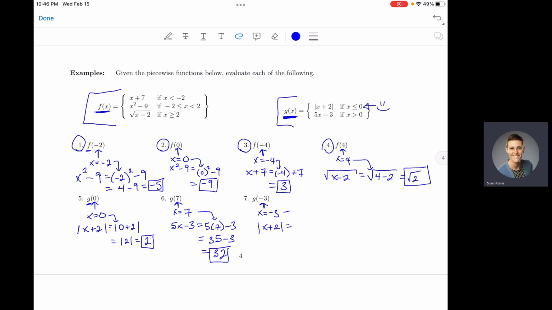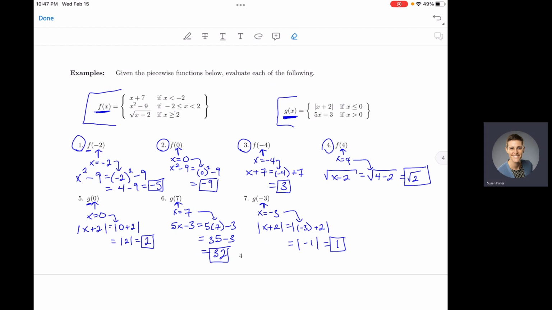And then don't forget to plug in your x value of -3. So overall here we have the absolute value of -3 plus 2. It's the absolute value of -1, which is how far away from 0 is -1, and the answer is 1 unit away. So g of -3 is 1.